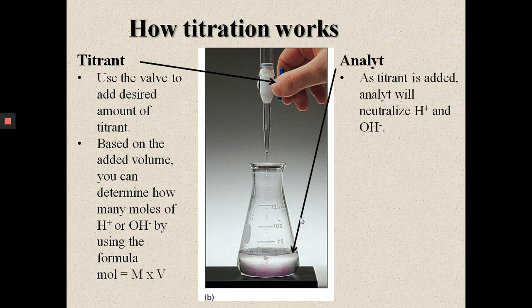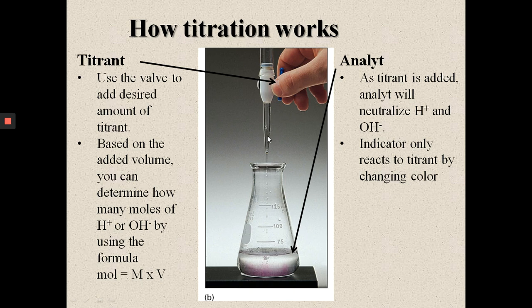Meanwhile, the analyte, which is now receiving the titrant, we're going to use the indicator to find out when the equivalence point has been reached, and the color change will let us know the solution now has become the other. For example, let's say that the initial analyte was a base, and then if you add an acid to it, acid and base will get neutralized and produce the water.